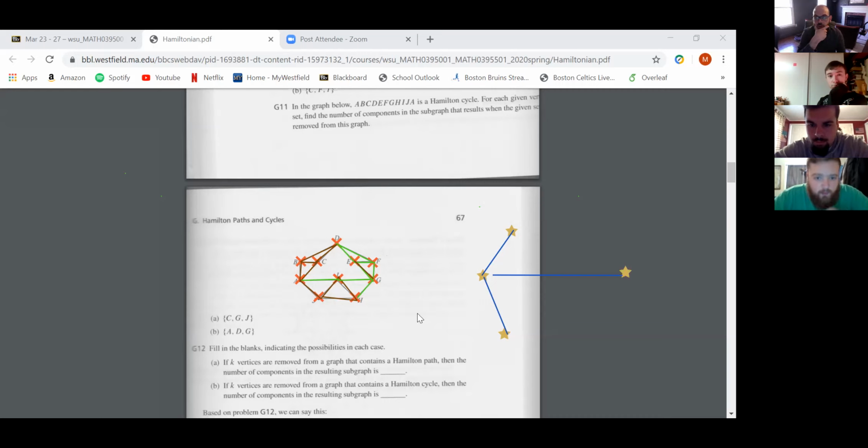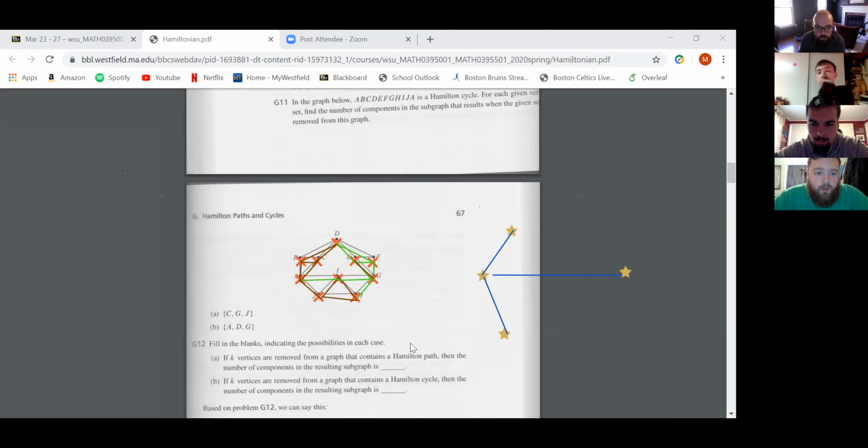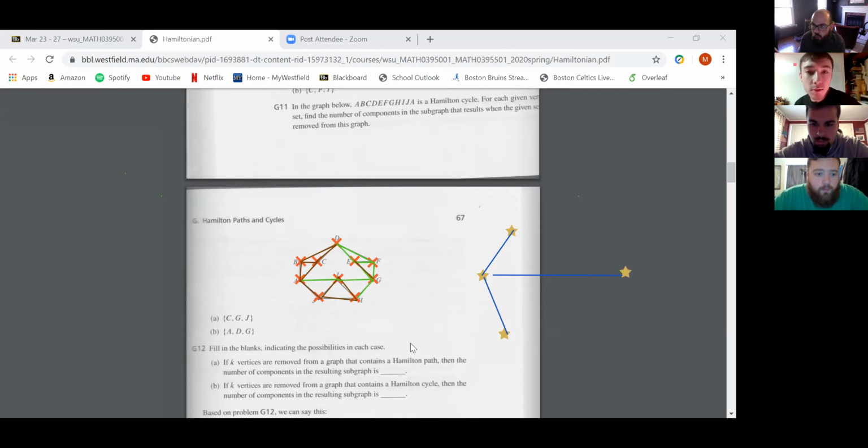So again, remember what we're trying to work up to is this other negative condition for subgraphs. And we'll see that right after G12 there. Okay, so pretty much we want to come up with this condition that says the number of components is at most this, and the number of components is at most this.